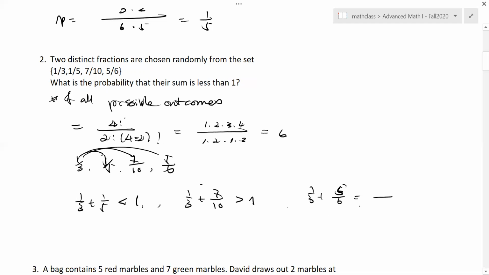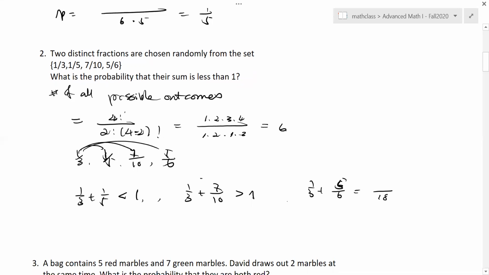And that is going to be 6 plus 15, and this is definitely greater than 1. Then you look at this one, 1/5 plus 7/10. This is actually less than 1: 10 plus 35 is less than 50.